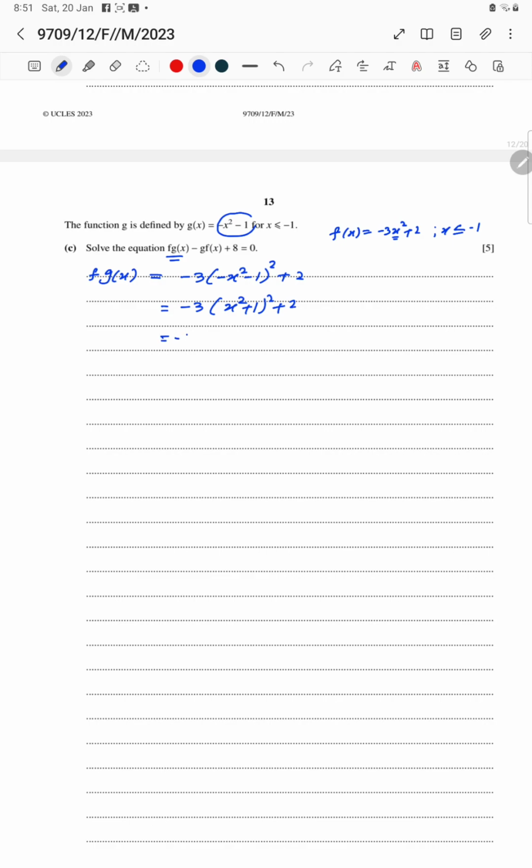Expand it: -3 x^4 plus 2x square plus 1, plus 2, which is -3x^4 -6x square -3 plus 2. So finally I can write -3x^4 -6x square -1. That was the first result, f g of x.